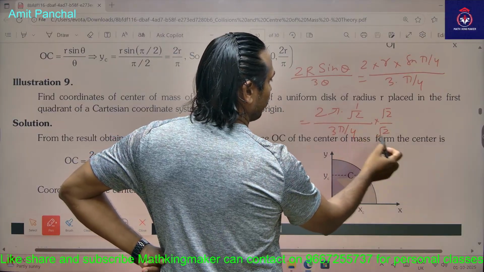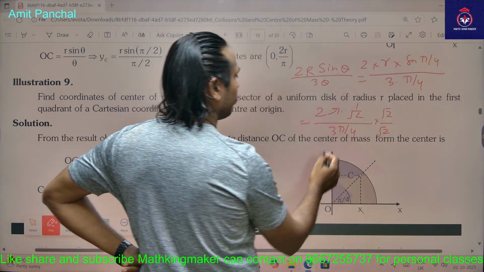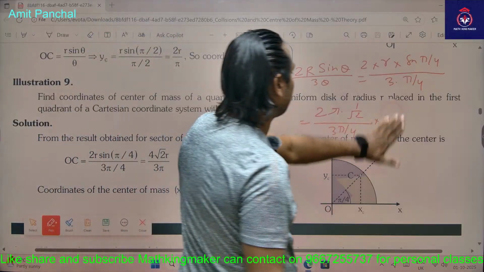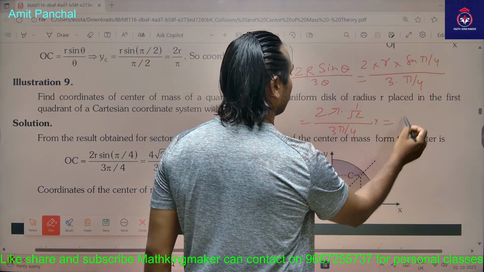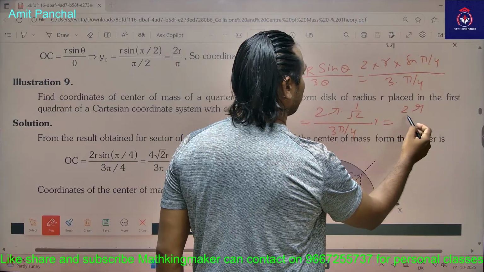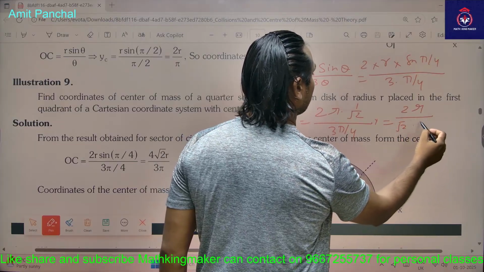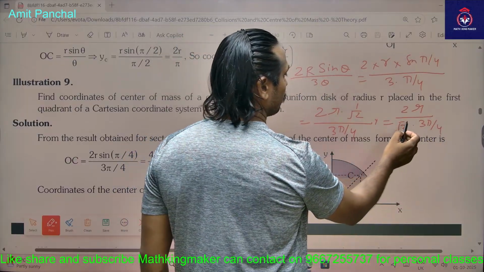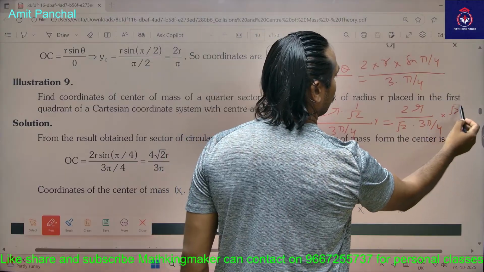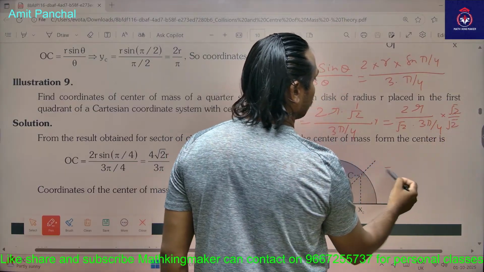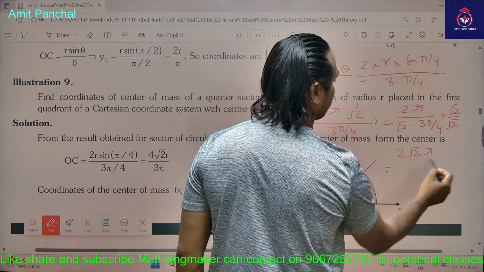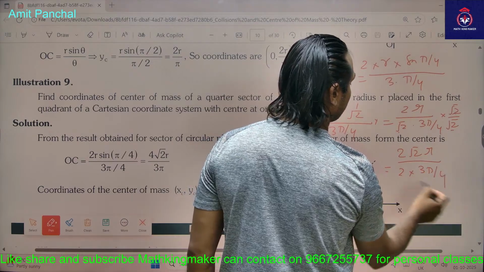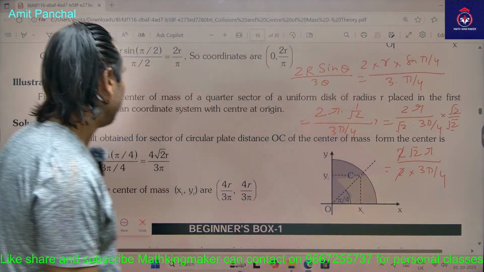Write it down as 2r divided by root 2 into 3 pi by 4. Now multiply root 2 in numerator and denominator, so that will become 2 root 2 r divided by 2 into 3 pi by 4. So 2 cancelled.